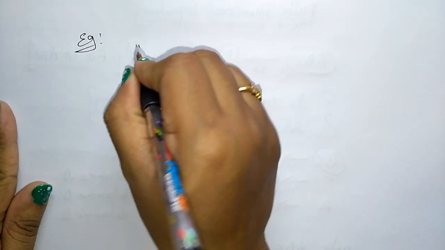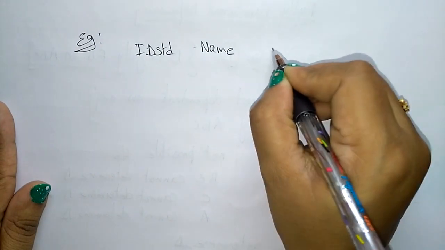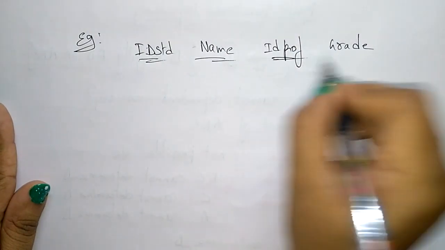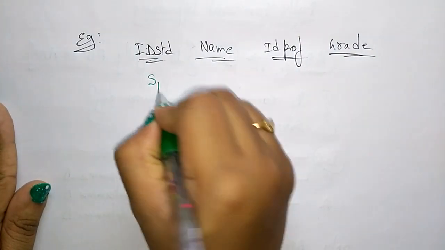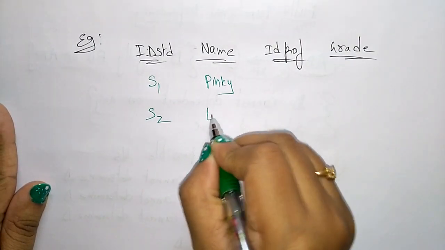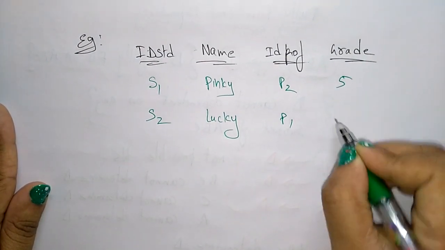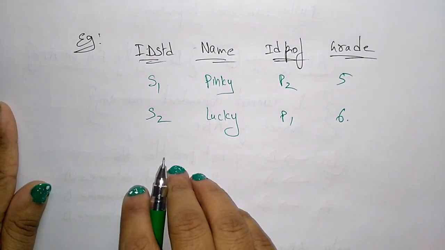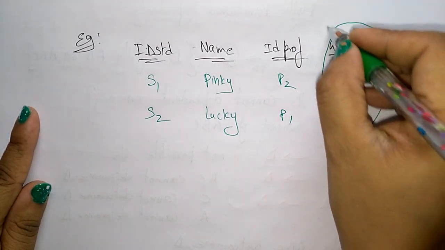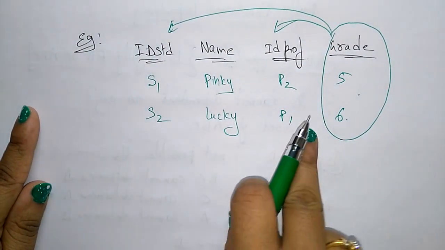For example, I'm taking the attributes for the table: ID student, student name, ID professor, and grade. S1 and S2 are the two student IDs, and the names are, suppose, Pinky and Lucky. The professor IDs are P2 and P1, and the grades are 5 and 6. Here the attribute grade is fully functional dependent on ID student and ID professor, because these are the two keys here.